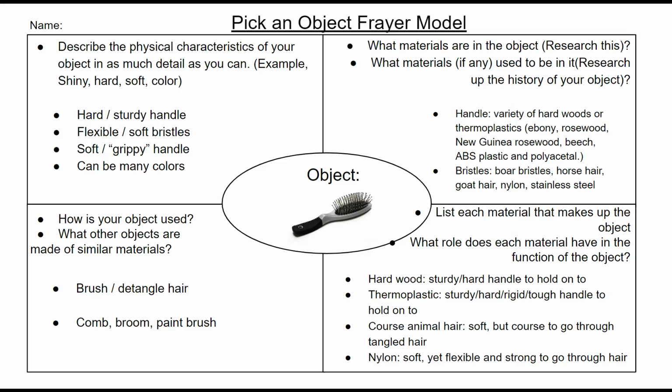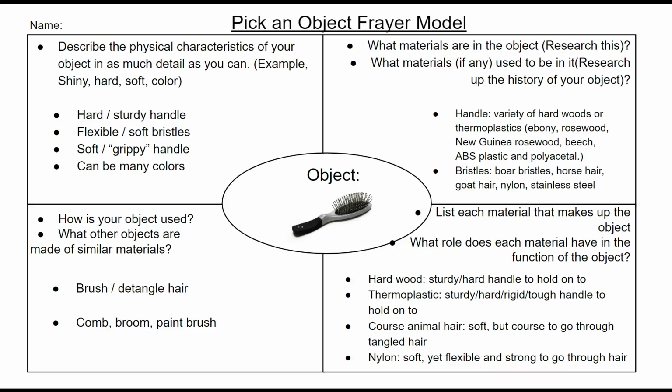Or nylon is soft yet flexible and strong enough to go through hair, nylon being a synthetic version of the animal hair that was used previously. So list out the materials that you had in the box above and think about their purpose and function in the object.